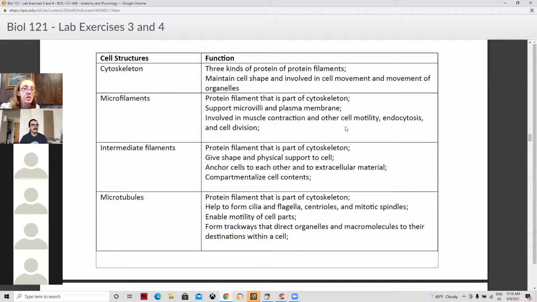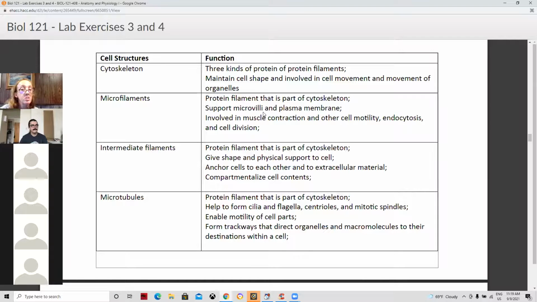Microfilaments, the very top one here, support the microvilli, these little finger-like structures that give a cell more surface area. So the microfilaments support the microvilli and the plasma membrane. And they are involved in muscle contraction and other cell motility. And endocytosis, if you think cyto means cell, endo means to inside, or you can think to enter.